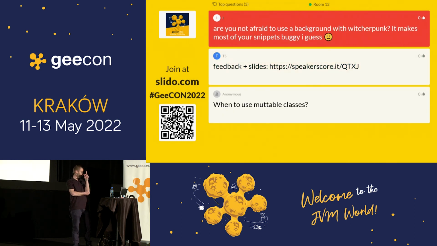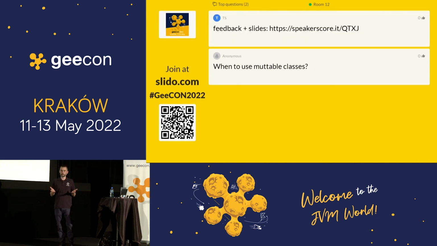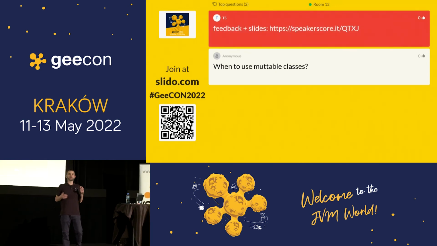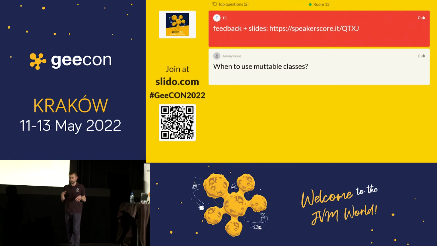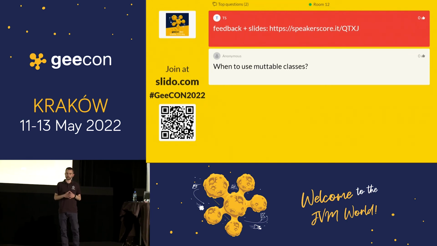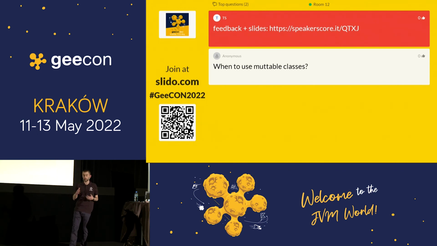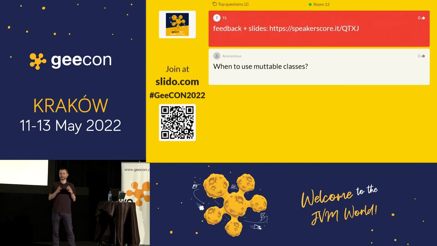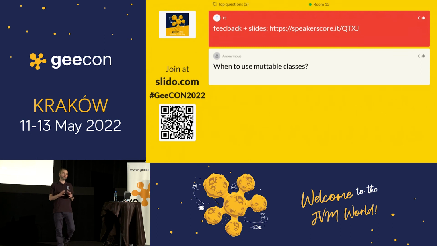Okay, when to use mutable classes? In game development, for JPA entities. But even though I said a few times that writing mutable classes is very easy, and the same about reading, because you can only choose between sets and gets. Of course, writing a well-designed mutable class is often more complex than writing an immutable class.